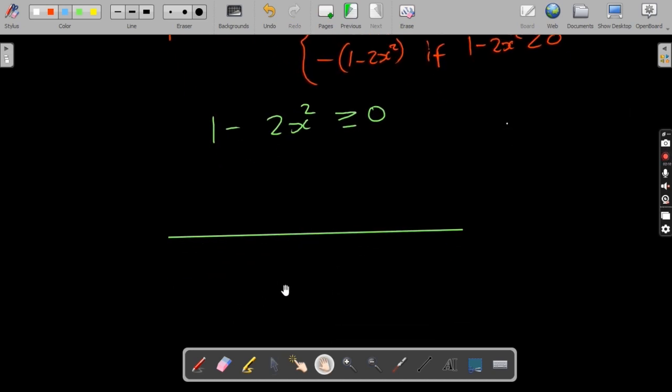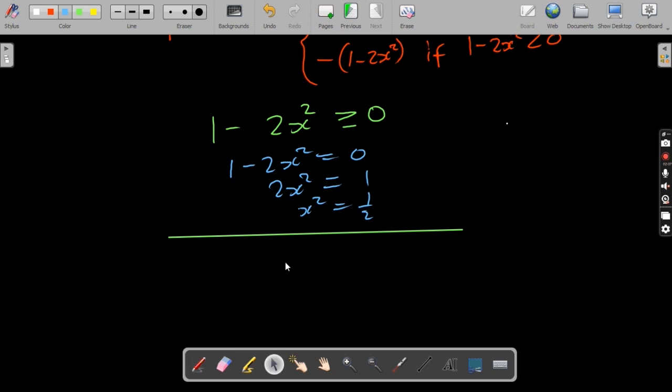To continue with this, you'd first have to find the critical values. To find the critical values, you'd imagine that you're trying to solve for the roots. So that'll be 1 minus 2x squared equals 0, and you have 2x squared equals 1, and x squared equals a half.